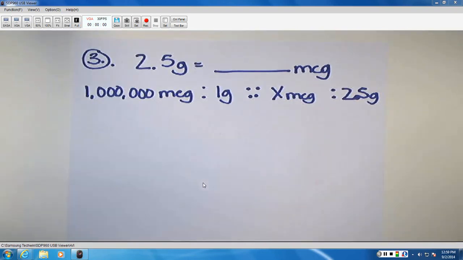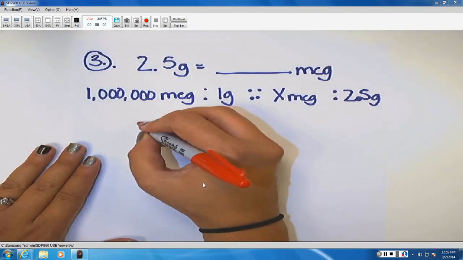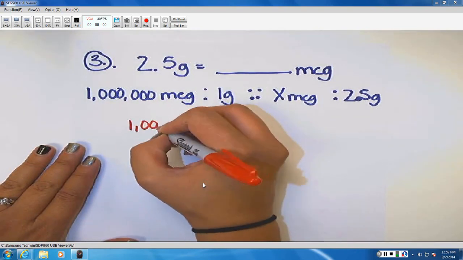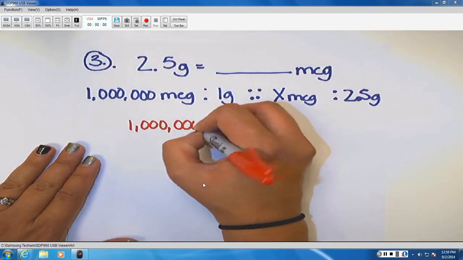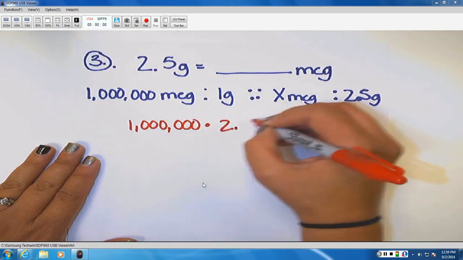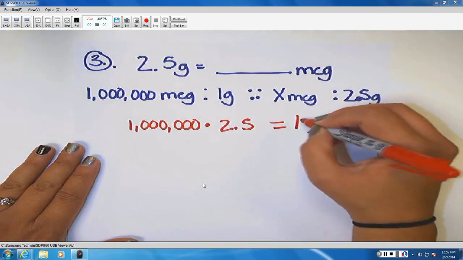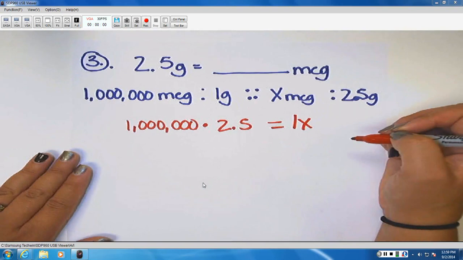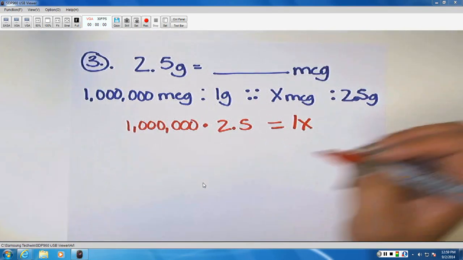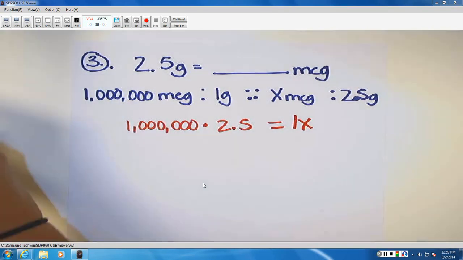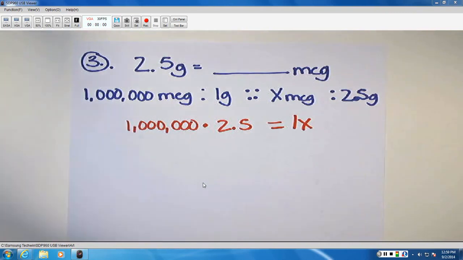Now I'm just going to multiply like I need to, and this is going to be 1 million times 2.5 equals, and again, 1x. So let me do that math really quick. Actually, I have it written down here.